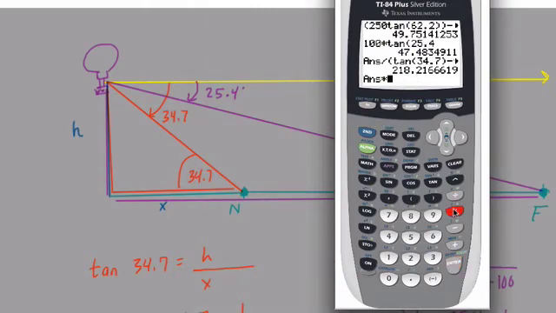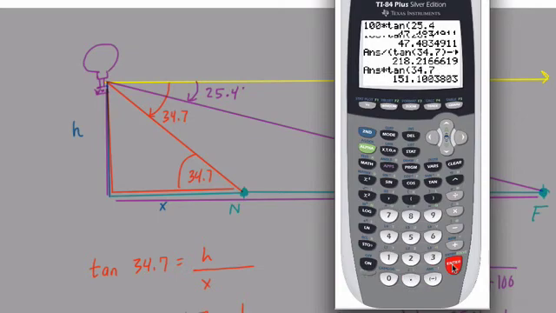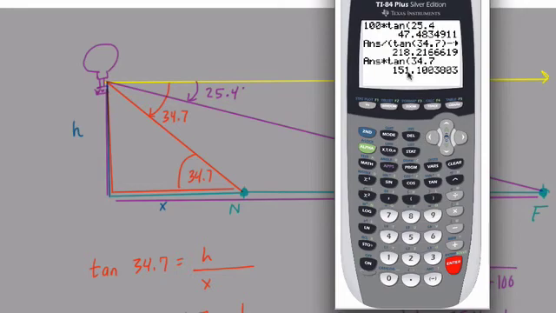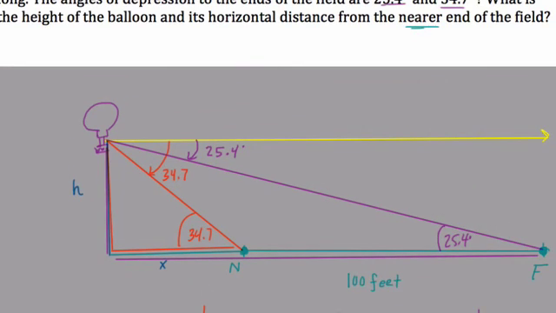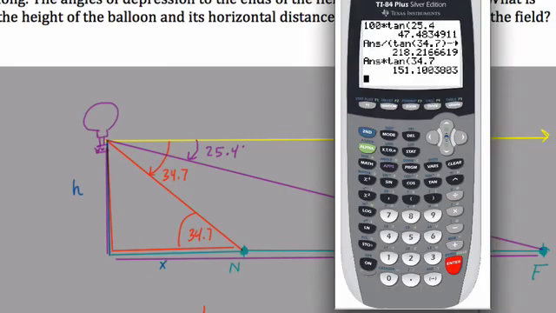I just press times the tangent of 34.7, and we'll have the height of our balloon, about 151.1003803. Sorry, it's feet, so about 151 feet in the air.